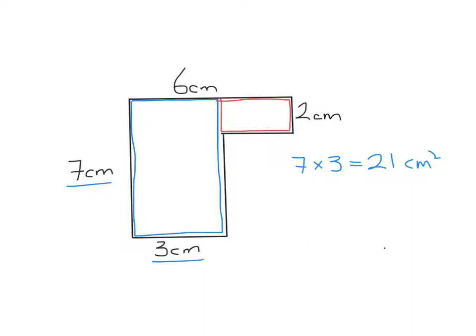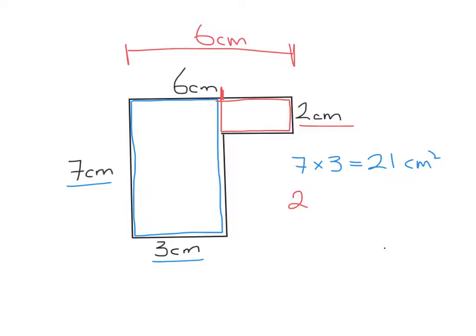Okay, the red one, however, I know it's 2 centimeters tall, so I'll write 2 here. It's not actually 6 centimeters because the length from here to here is 6 centimeters, not just from this point. But what I do know is that because from here to here is 3, that must mean that the last bit is also 3, because 3 plus 3 gives me the 6.